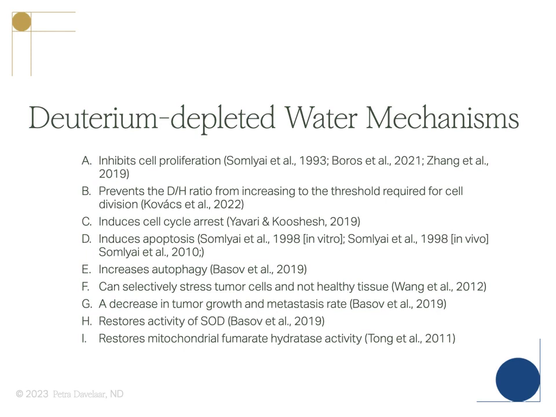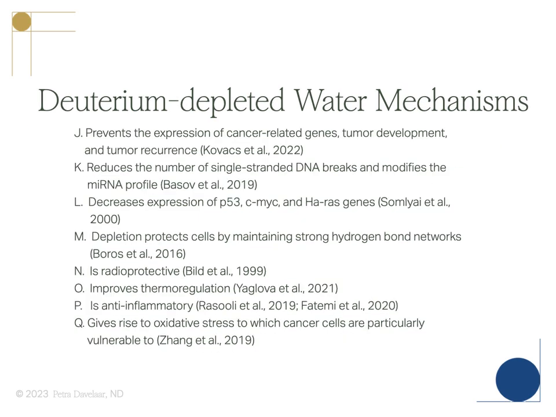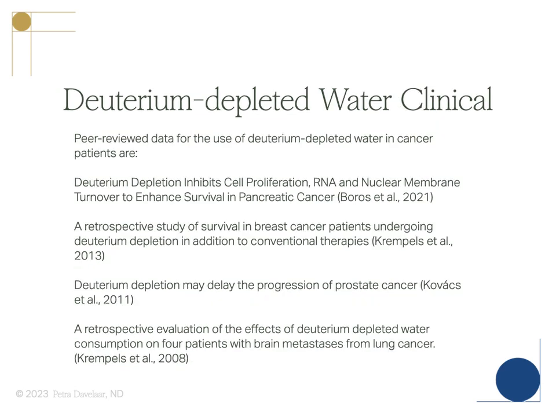So the deuterium-depleted water published mechanisms of action include all of the following. I'm not going to read them off, but I have listed them and included the citations of the papers that have shown these mechanisms. And here is a whole other set. And so the peer-reviewed data for the use of deuterium-depleted water in cancer patients are these.